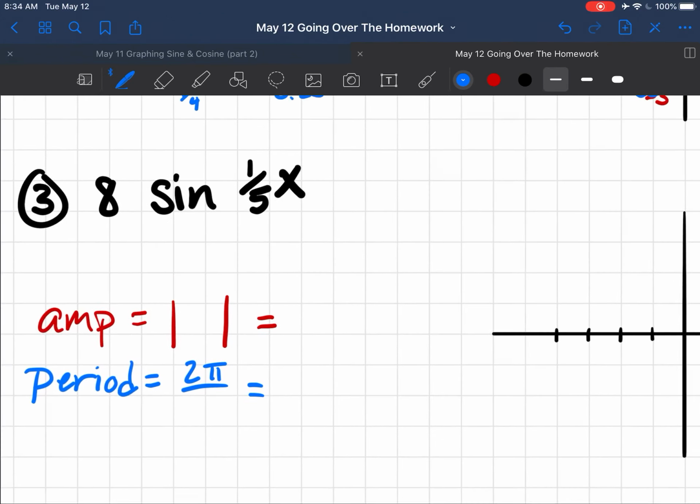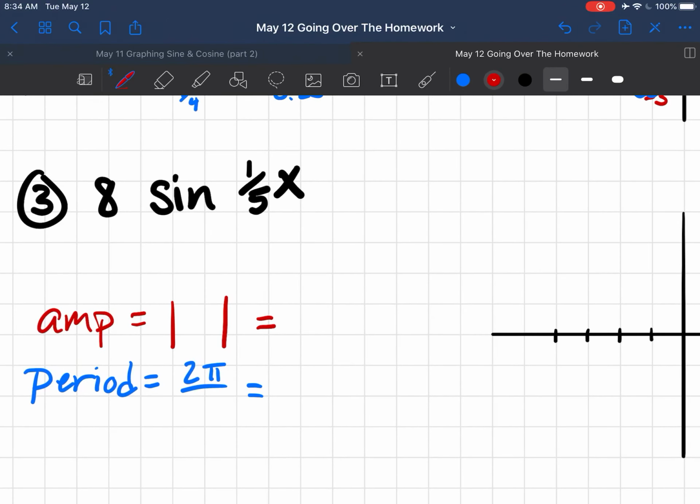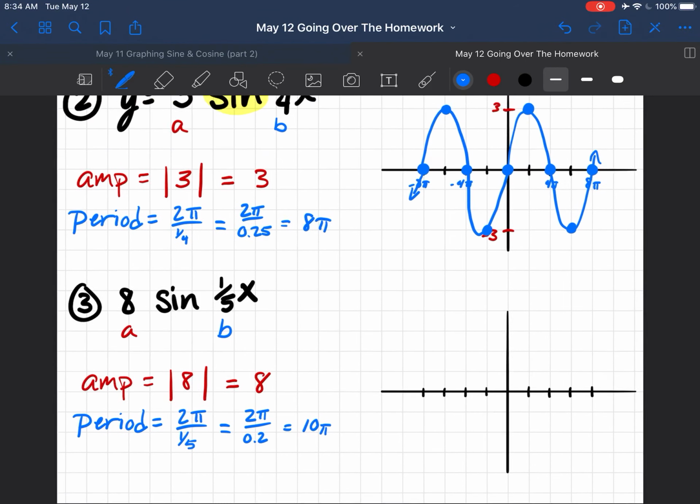Last one is 8 sine 1/5. So 8 is your a and 1/5 is b. For the amplitude, the absolute value of 8 is going to be 8. And then the period is going to be 2 pi divided by 1/5. But we're going to need to change that to a decimal. So 2 pi divided by 0.2, and when you divide, I think it's 10 pi, if I remember correctly.